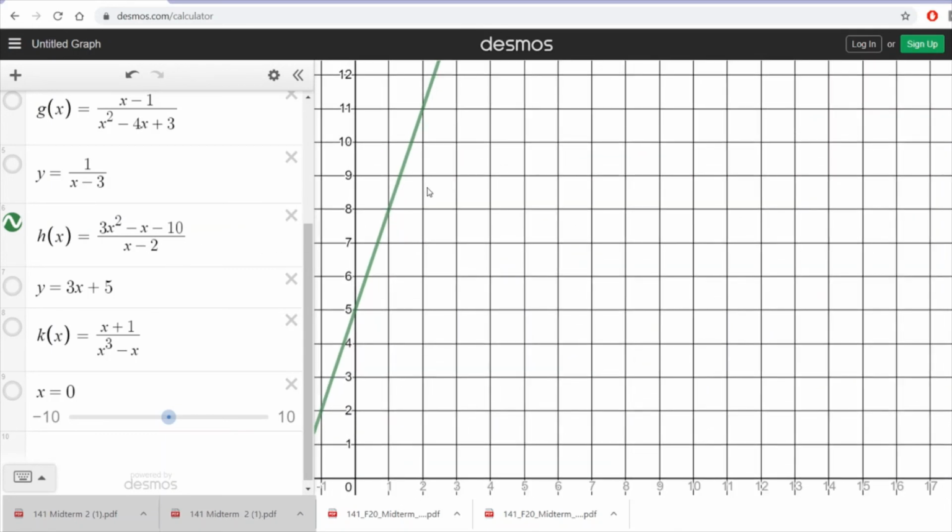And the only difference between this and a regular line is that if we go to x is equal to 2, notice that it actually says undefined. So the function is not defined at x is equal to 2, and we have a hole. And if I compare that to the line 3x plus 5, it looks exactly the same. The only difference is that 3x plus 5 actually does not have a hole, which I can't quite get it to go there. But if you go to 2, it is defined.